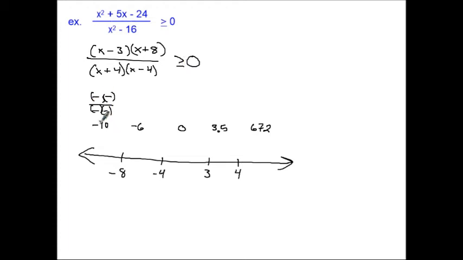I can squeeze in a smiley face. Yay! Now -6: I get a negative upper left, a positive upper right, and a pair of negatives on the bottom. Ultimately that's a negative answer, and I want greater than 0, so he's very, very sad.